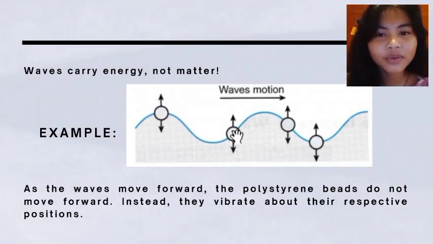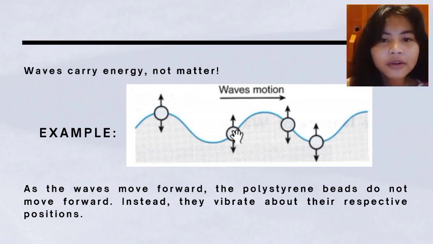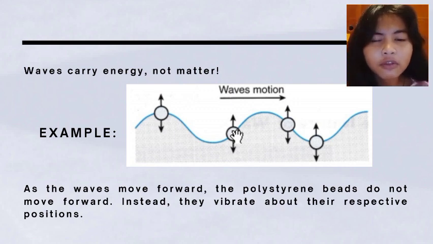Remember, on the first slide of our lesson proper, there is this sentence in which a wave is defined as the disturbance produced in a medium that carries energy without a net movement of particles. So what does this mean?